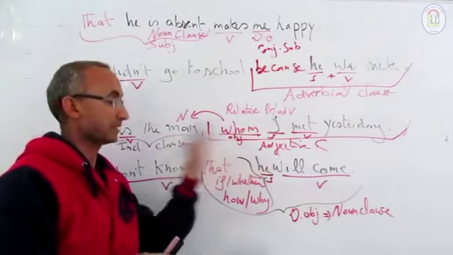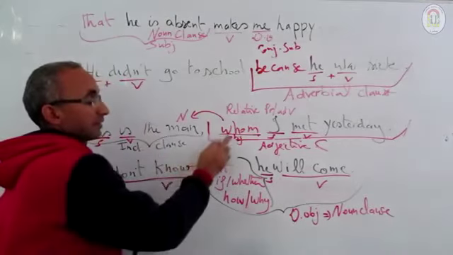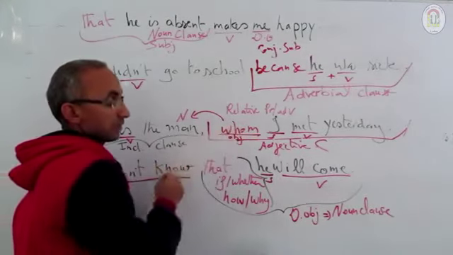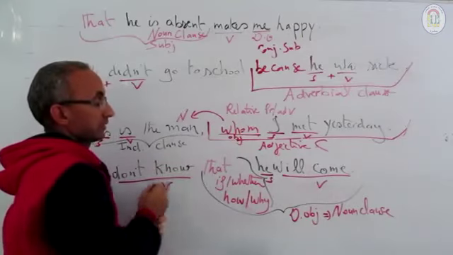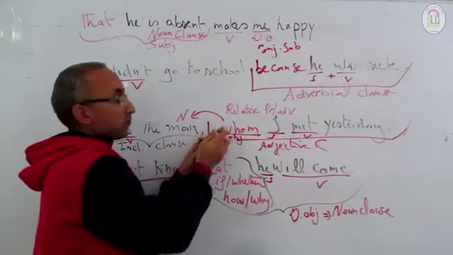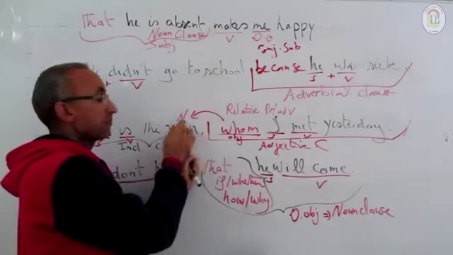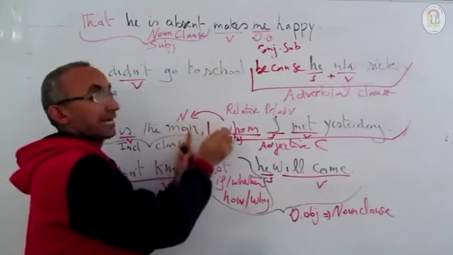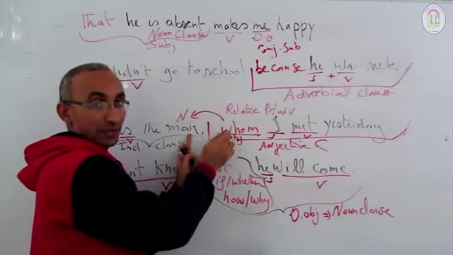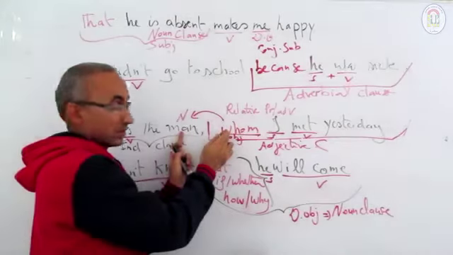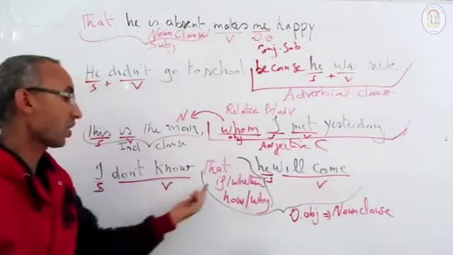The preceding elements. Example here, that of the relative pronoun is always preceded by a noun. It refers to the man that, the person that. Clear? Alright. The car that. But here, look here, of the noun clause.